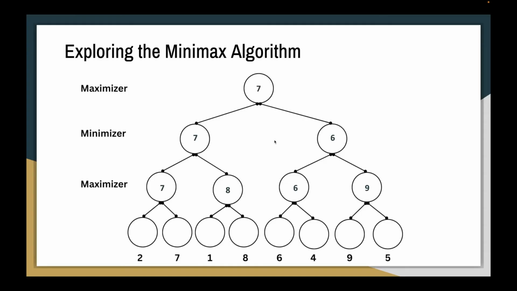Now the maximizer player can see 7 and 6, in that the maximum value is 7. So the maximizer will play 7.